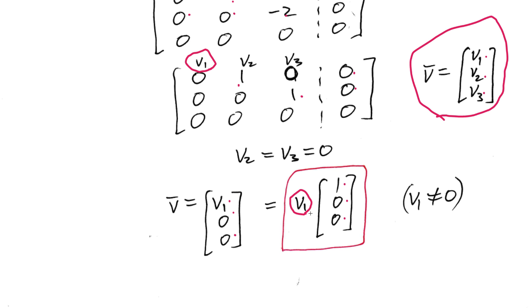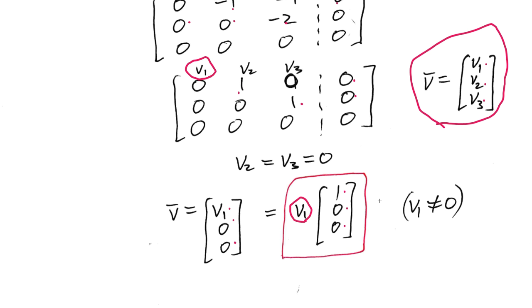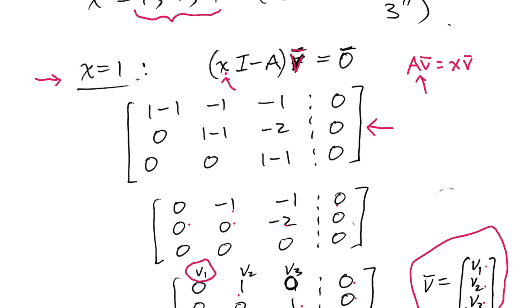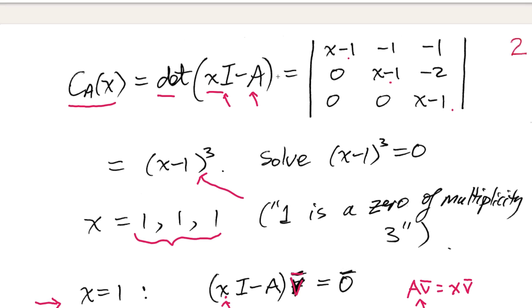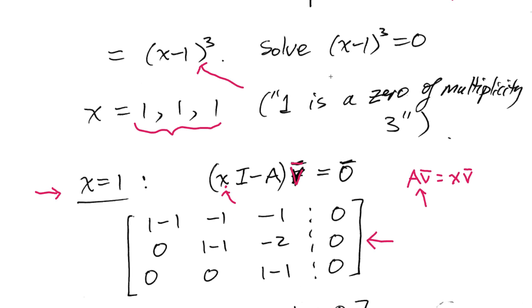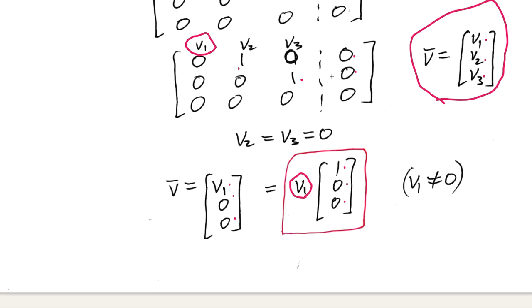Any non-zero scalar multiple of that would also be an eigenvector, with corresponding eigenvalue 1. Now you could actually test that with the original here. Multiply by 1, 0, 0, and you get 1, 0, 0 times 1. It works here.